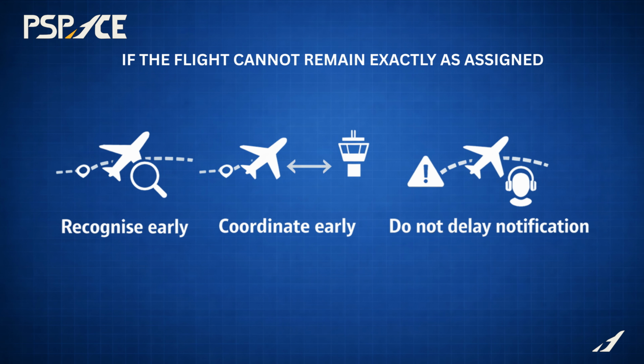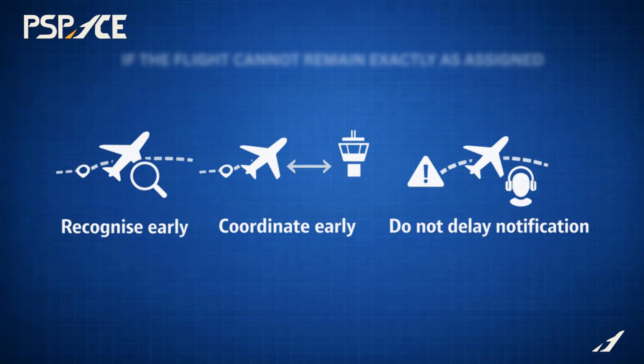A departure from the cleared path or level is not only a flight path change. It is a change in the assumptions under which ATS is protecting the surrounding traffic. The commander must therefore ensure that ATS is not left to discover the change through late observation or inference. The disciplined response is to bring ATS into the developing situation as early as practicable so that the system can manage the consequences safely.